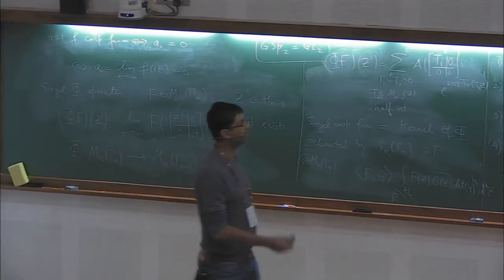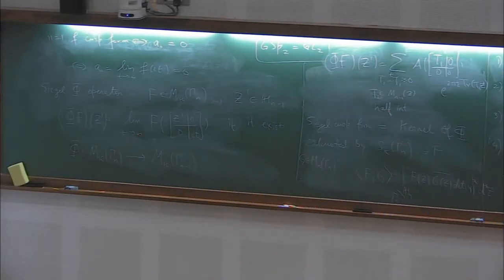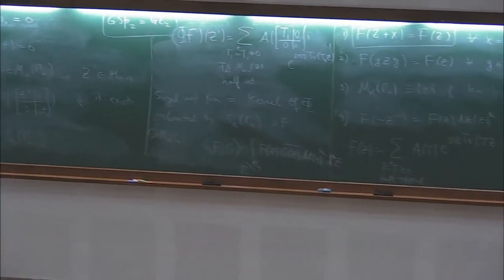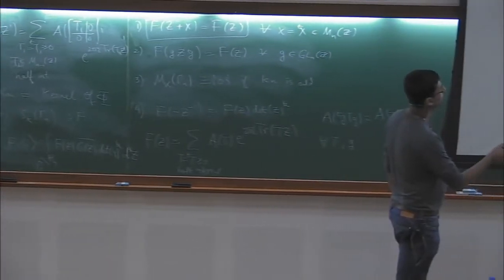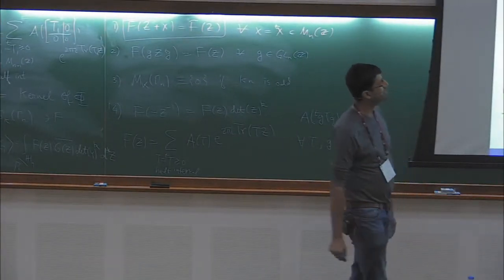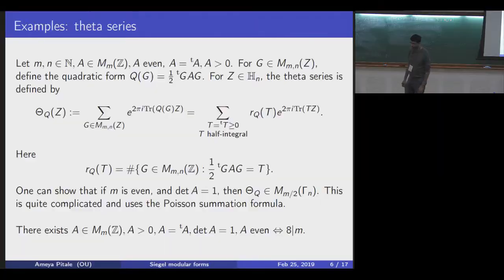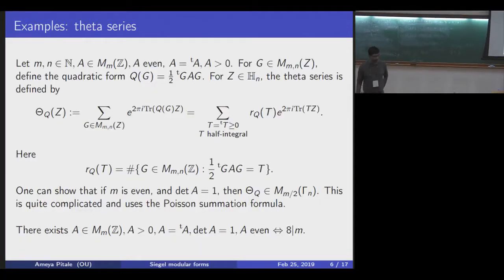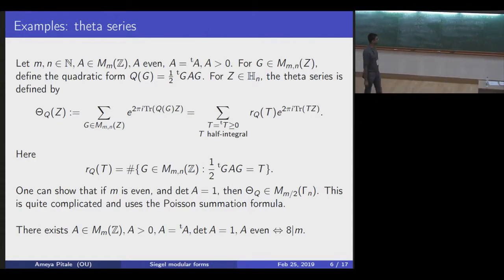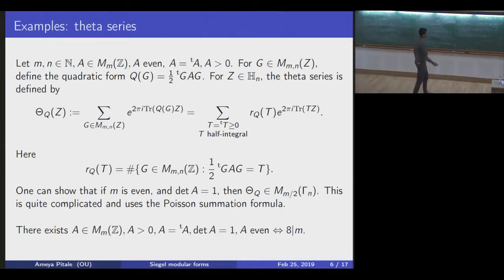So the first example is what we looked at earlier. You look at this quadratic form Q(g) coming from a matrix A, which is even, symmetric, and positive definite. And this one can be put into a theta series where the coefficients end up being the representation numbers of the quadratic form.